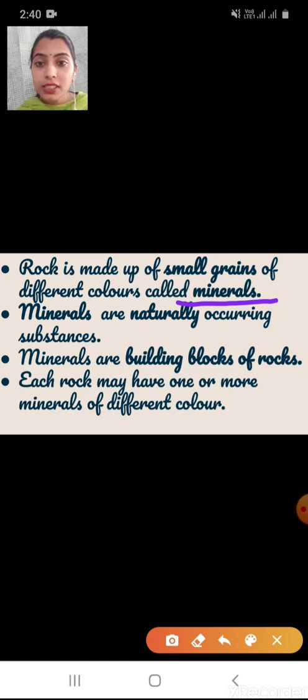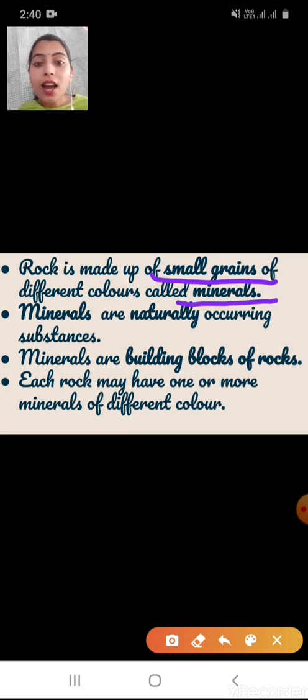What is that material? That is called minerals. Grains means, you know the size of a grain, right? So the rock is made up of small grains of different colors called minerals.